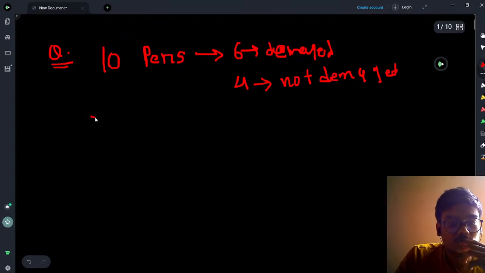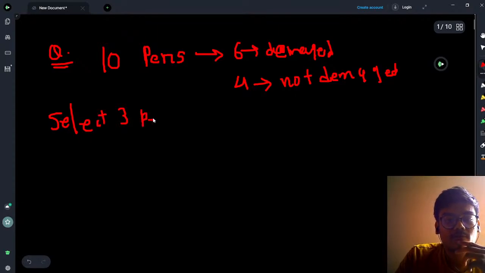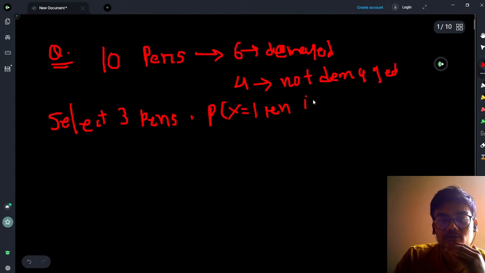Now you have to select 3 pens such that P of x equal to 1, means exactly one pen is damaged.